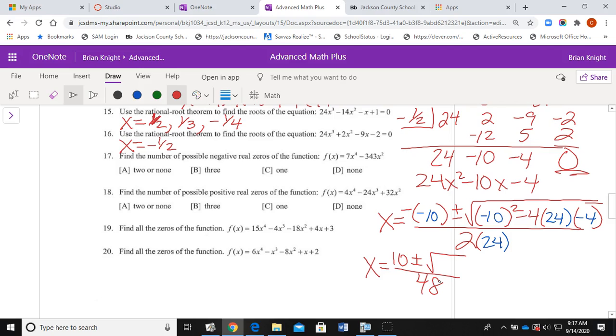It's 100 plus something. There's supposed to be two negatives on that. Yes, 400. It's negative B. So negative B, B is negative, so it's two negatives.